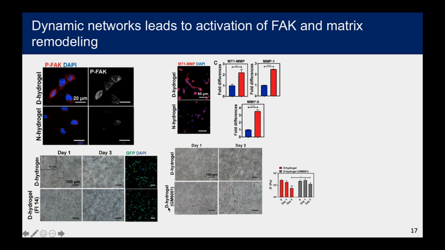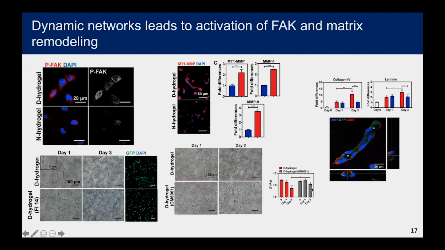Again, when we inhibit with the general inhibitor of MMPs, we could see inhibition of network formation. Nicely, we could also see that when we inhibit the MMPs, the degradation of the matrix, seen here with the reduction in stiffness, slows down with that inhibition.